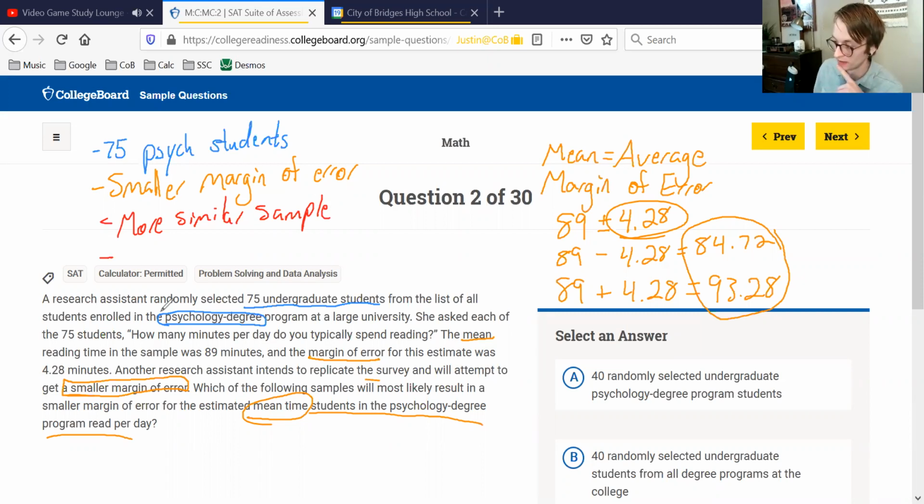If I picked out 5 kids on the street and said, hey, what's your favorite pizza place? And they were like, Vocelli's. And I said, okay, according to my research, everyone in Pittsburgh's favorite pizza place is Vocelli's. You'd be like, no, that's just 5 kids on the street.